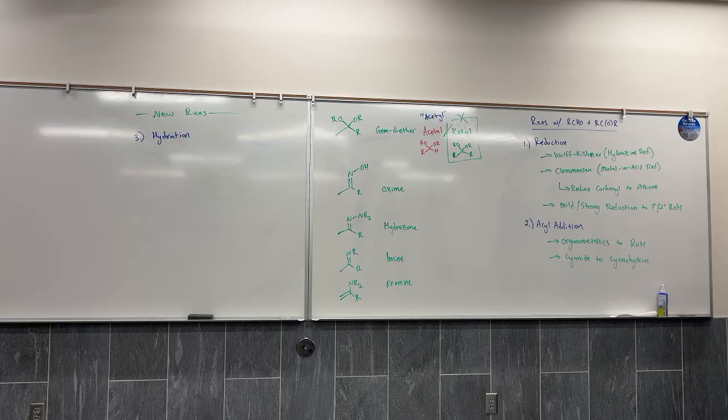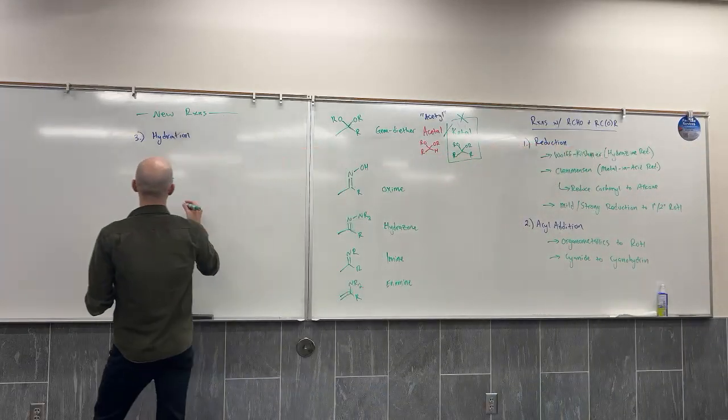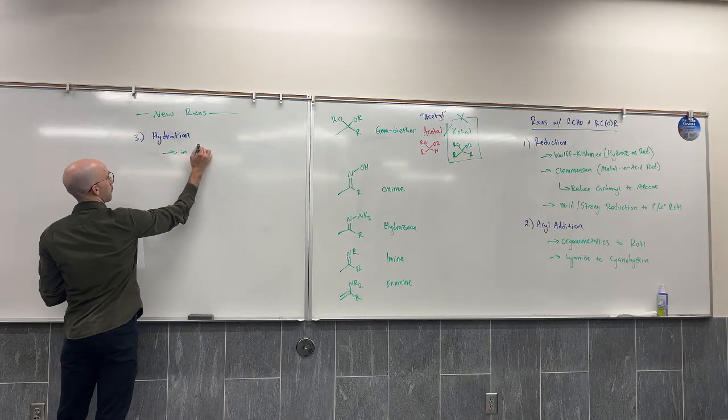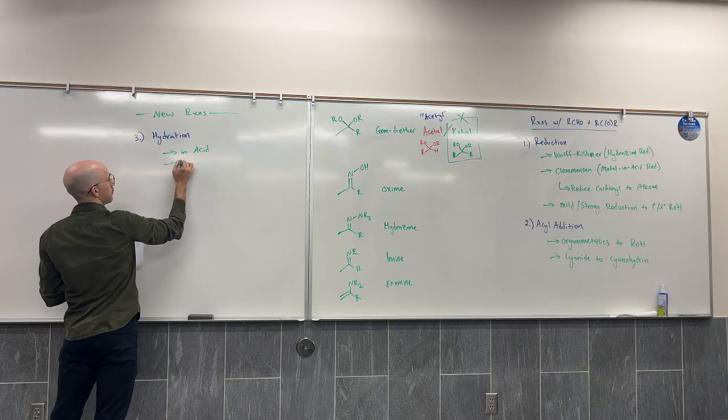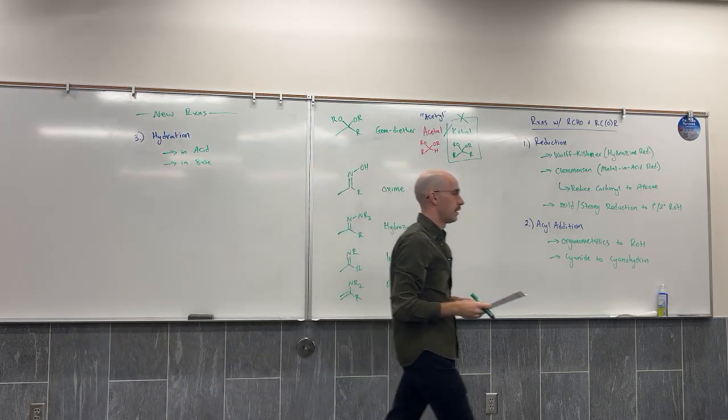When you hydrate a carbonyl, you add H and OH, you add an equivalence of H2O across the carbonyl. You can do hydration in basic conditions or acidic conditions. What do you get?